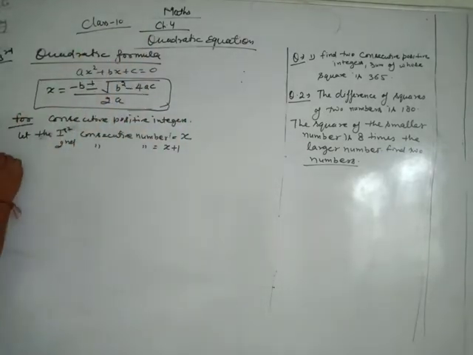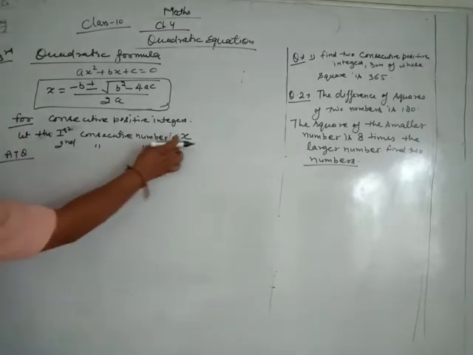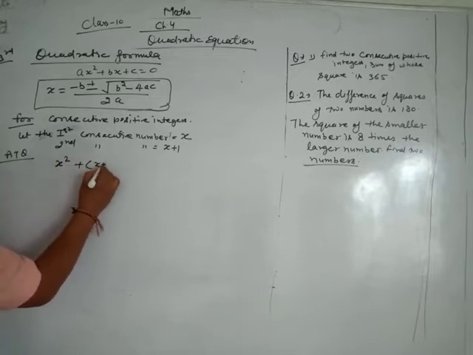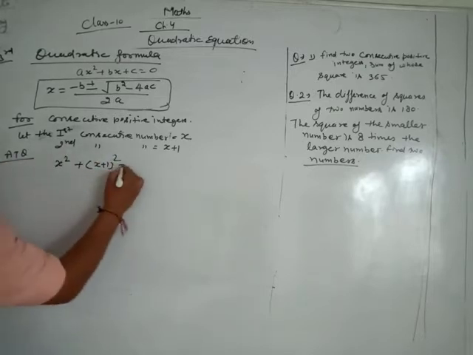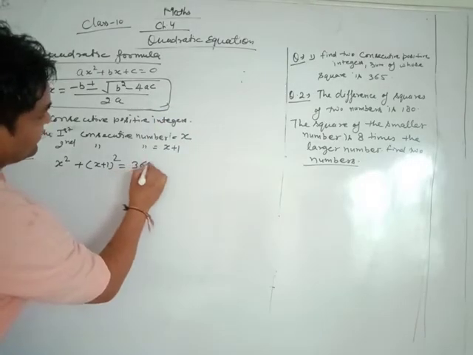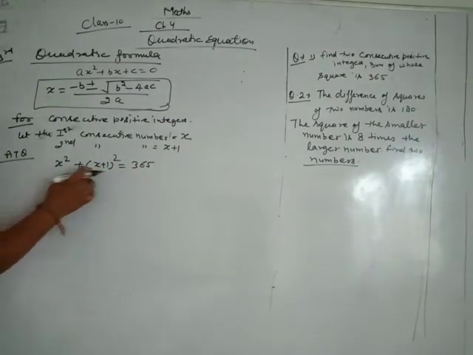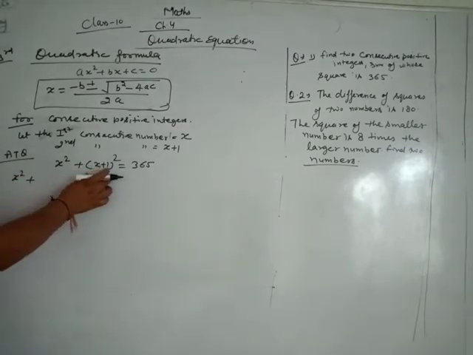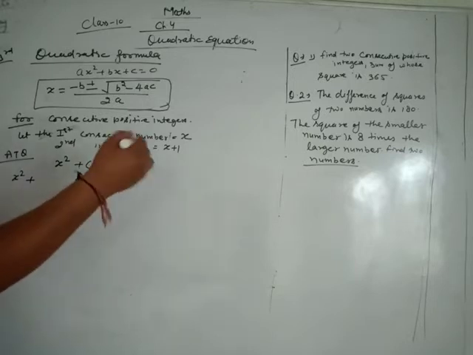Clear? According to the question, the sum of whose squares means x square plus x plus 1 whole square equal to 365. Clear? Some students open this bracket directly as x square plus 1 square.